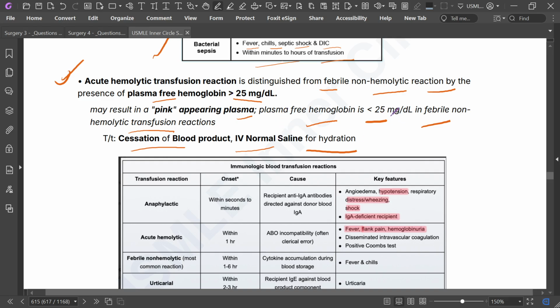Plasma free hemoglobin less than 25 is febrile non-hemolytic transfusion reaction. Management is cessation of the blood product and IV normal saline for hydration.